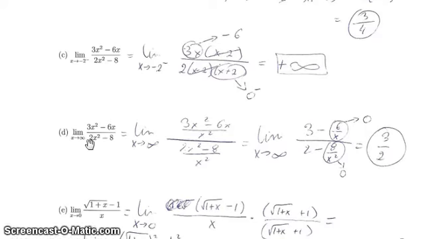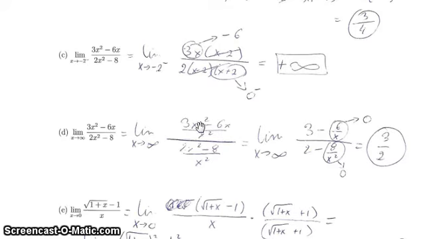Part D, limit as x approaches infinity of the same function as above again. If you just plug it in, you get infinity over infinity, no good. So you divide top and bottom by x squared, x in the highest power of the denominator.